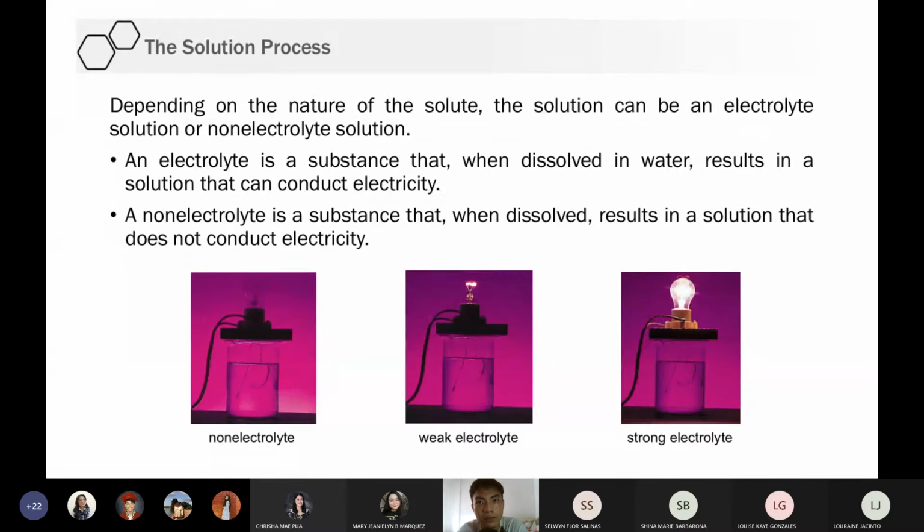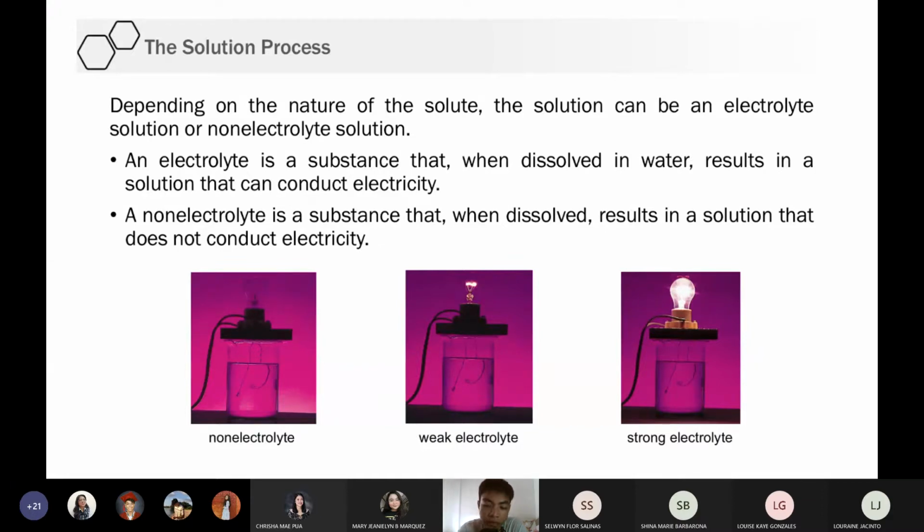Pag sinabi nating electrolyte solution, that means that your solution is composed of ions. No? So, that means you can prepare an electrolyte solution out of ionic compounds. Okay? So, kailangan may ionic compound ka para ikaw ay may electrolyte solution. Kapag non-electrolyte solution yan, that means hindi dapat ionic compound, molecular compound na.